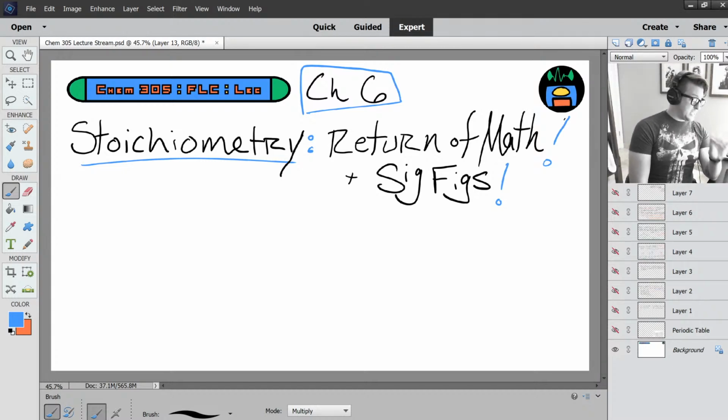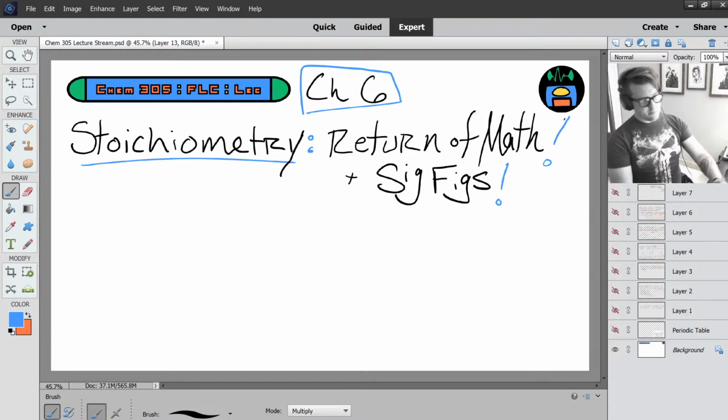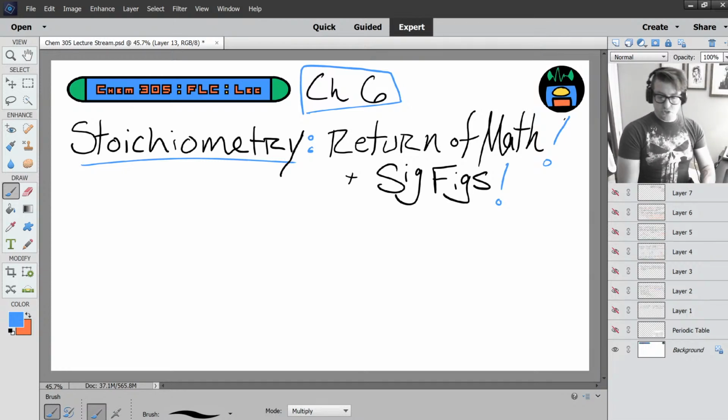This is usually the moment in the class where things quote unquote get hard. Most students find this to be the moment where the class takes a leap and becomes more challenging. I'm not saying that it's been easy so far, but it tends to get harder at this point. All right. So there's our warning. There's our caveat emptor.